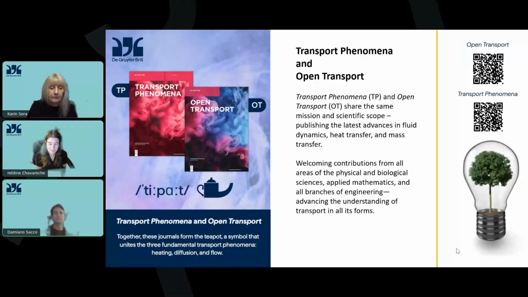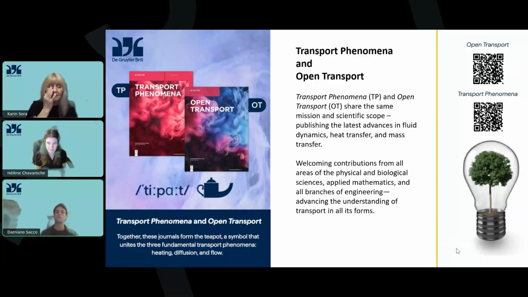These are known as a teapot product because we take the TP and the OT and we make it into a teapot. And in particular, because the teapot, we take it also to stand as a process which includes the 3 main elements of transport phenomena, which are fluid dynamics, heat transfer, and mass transfer. And so this is a bit of a flagship product at the moment for us.